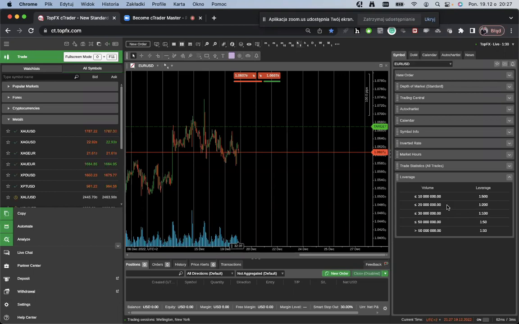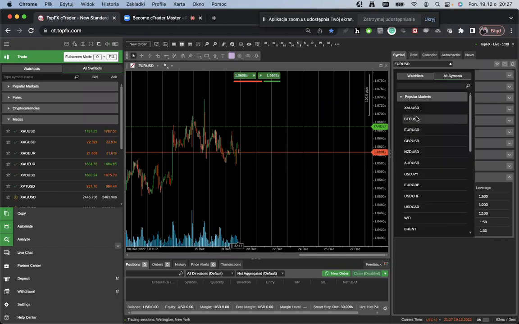Between 100 and 200 lots, 1 to 200. Between 200 to 300 lots, 1 to 100. Between 300 lots to 500 lots is 1 to 50, and above 500 lots, it's 1 to 33. That's the example from the euro dollar.